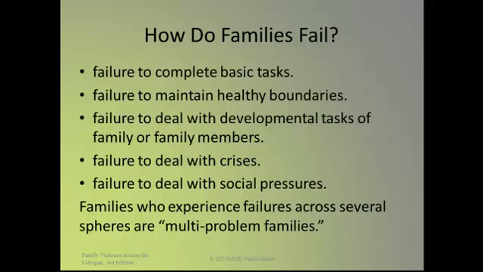Making sure kids get out the door every morning to go to school, being sure that they have food on the table at night and that they're not exposed to violence in their day-to-day living, that they have a healthy amount of entertainment and that they're treated properly, that boundaries are respected within family systems, and the proper distance between adults and children is kept in certain areas of life, but still that they receive nurturance and emotional support. And when they fail to get that, that's another failure in families.